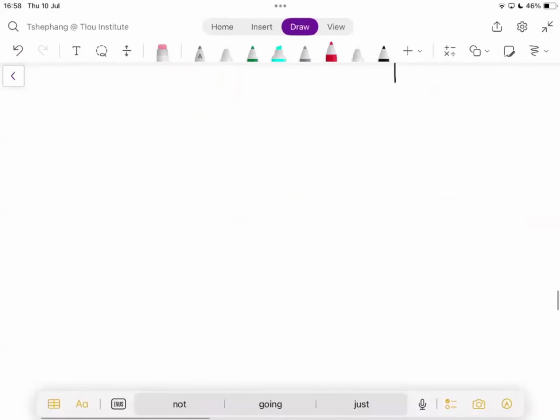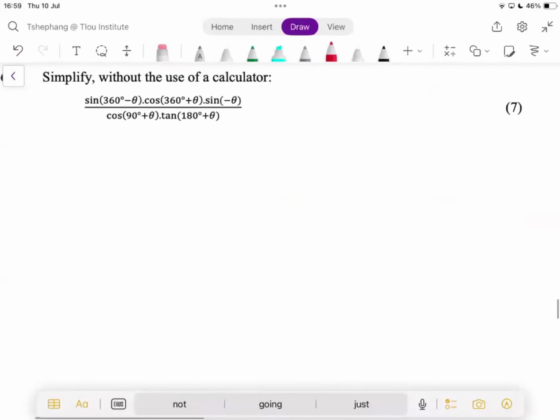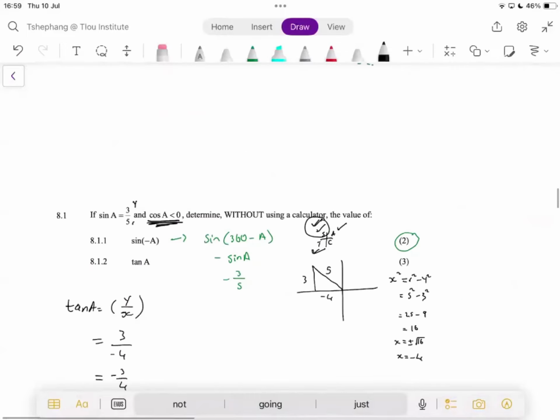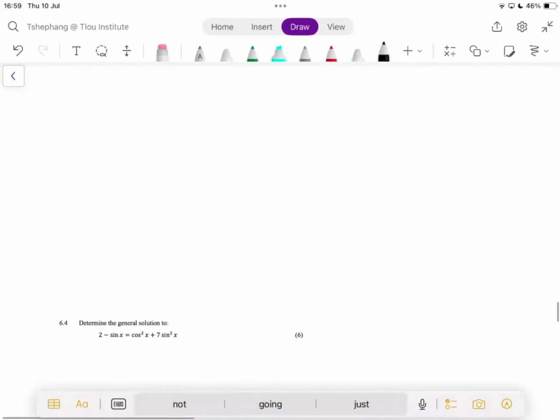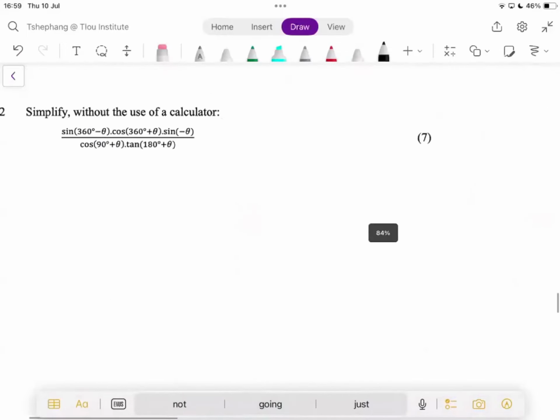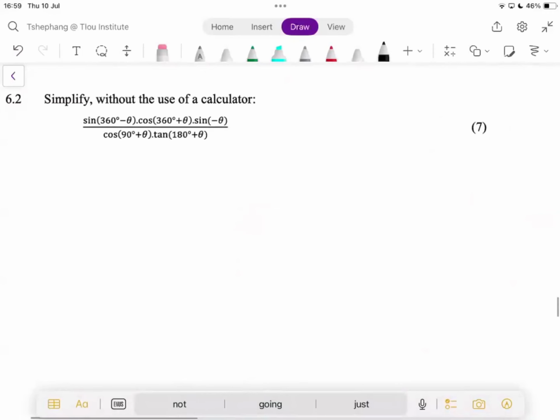Okay, cool. Now this question here. So sine of 360 minus theta, what does that simplify to? Okay, this thing is misbehaving. Let's quickly fix it. Sine of 360 minus theta is the same as negative sine of theta in brackets multiplied by cos of 360 plus theta. This takes you back to the first quadrant, which is just cos of theta.